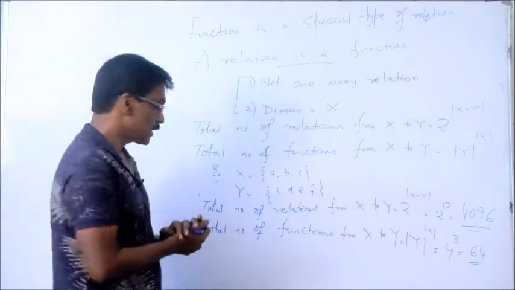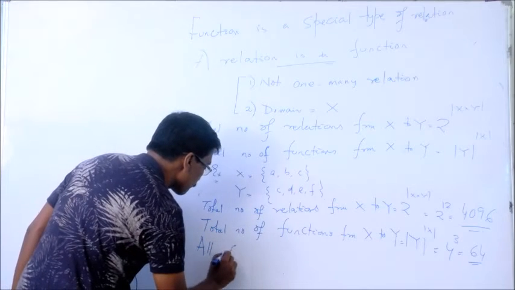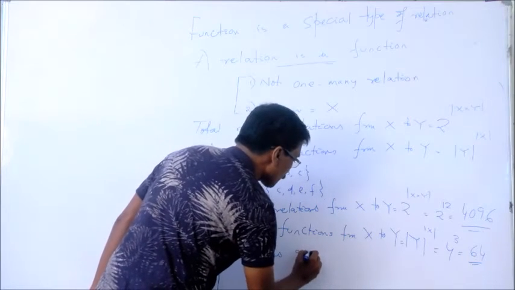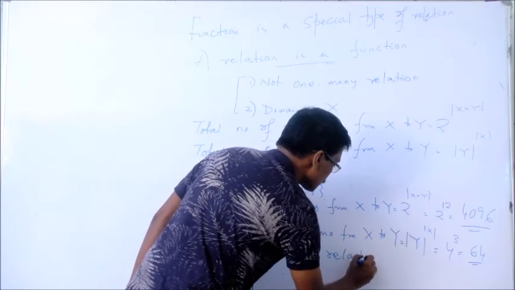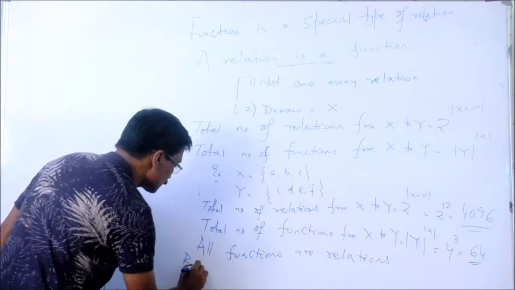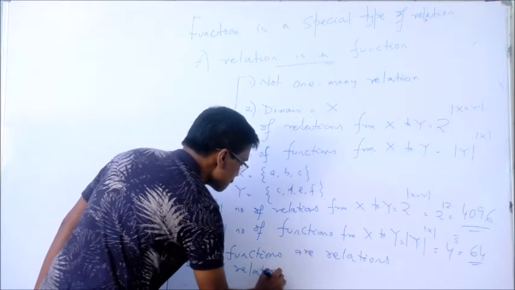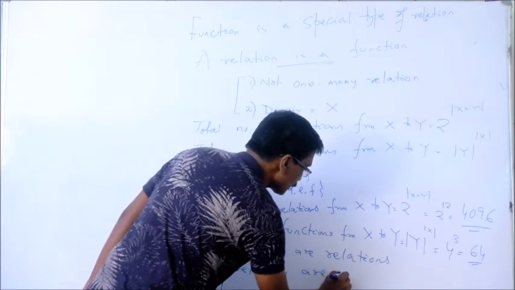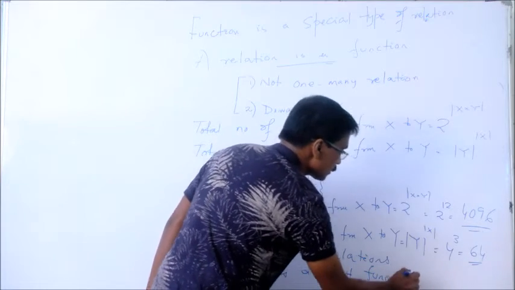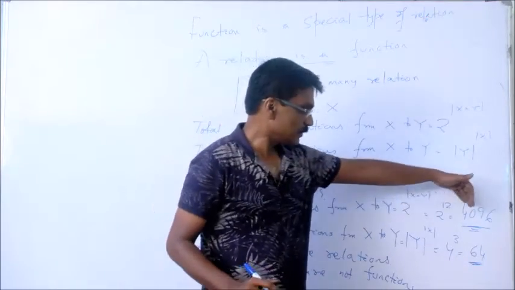So, that means all functions are relations, but all relations are not functions. So, these 64 are included in between these 4096.